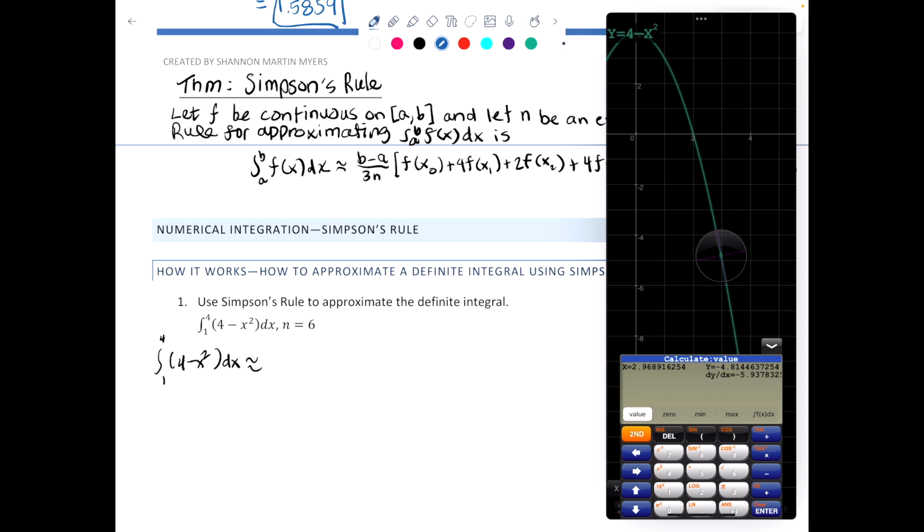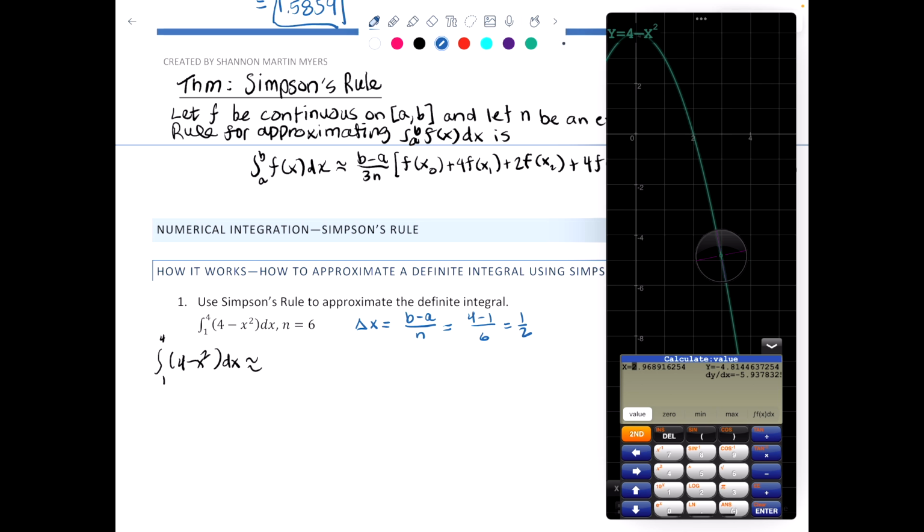This is going to be b minus a over 3n. And so, just really quick, delta x, right, is still b minus a over n, which in our case will be 4 minus 1 over 6, which will be 1/2. So each successive x value would be adding 1/2 to the previous.